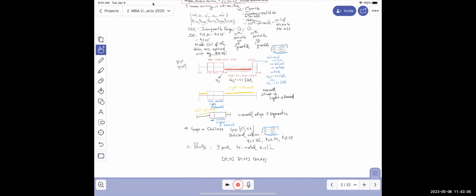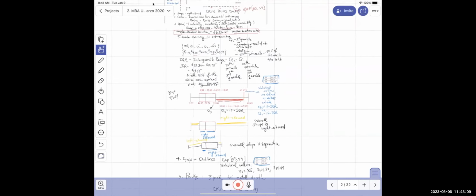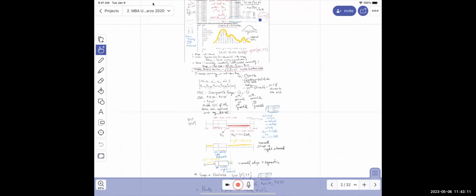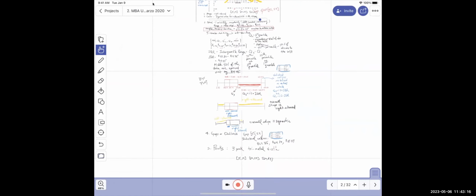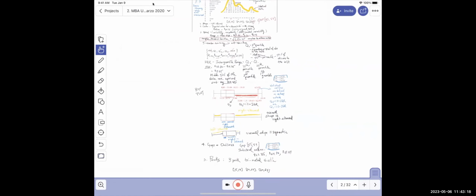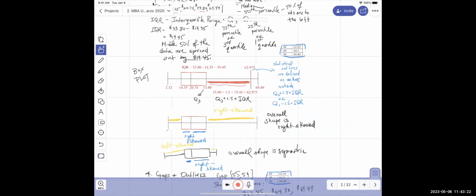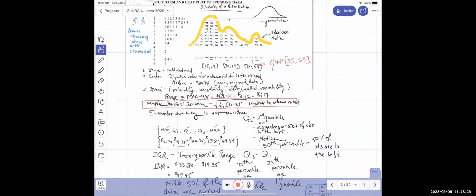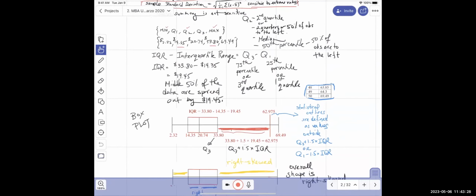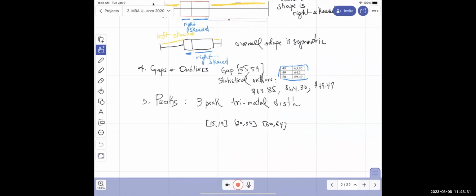Do you guys want anything from this? I can upload this page so you have a record in Moodle. It's hard to put it on one page, it's like 2 pages worth, but I'll put it up on Moodle as 1 page. Any questions about anything? So 5 features: shape, center, spread, gaps and outliers, and peaks.